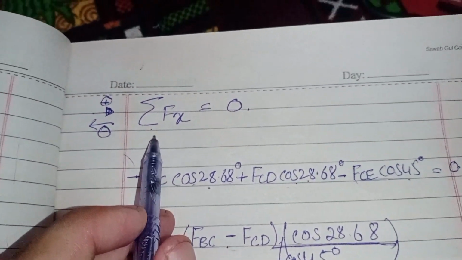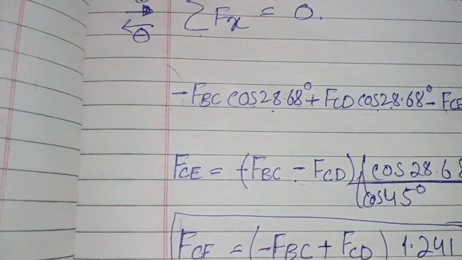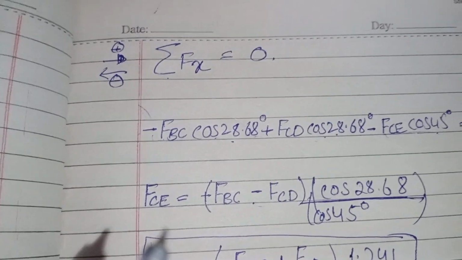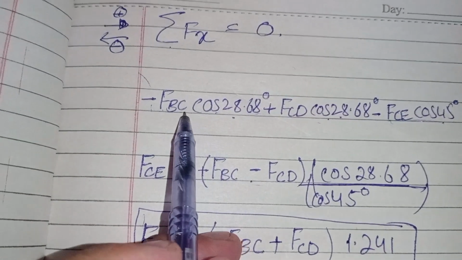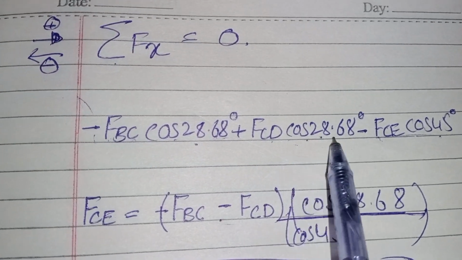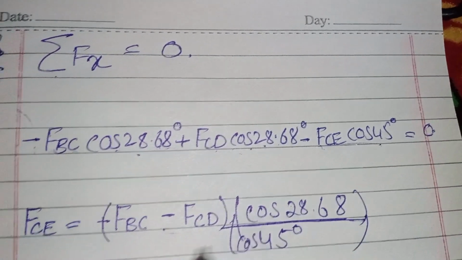Summation of all forces in the horizontal direction equal to 0. I take all the horizontal forces: FBC cos 28.68, FCD cos 28.68 and FCE cos 45, equal to 0.